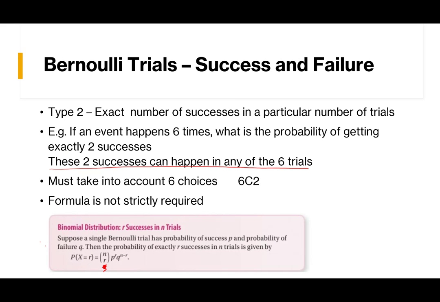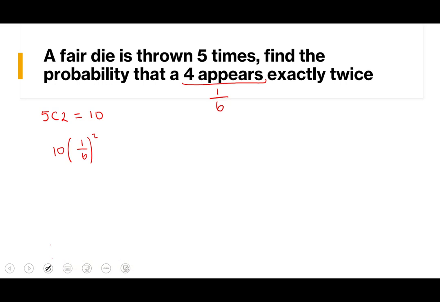My failures then have to happen all of the other times. If my 1/6 happens twice, then my 5/6 has to happen all of the other times within that 5. So 5 minus 2 is 3. Then I've got 10 times 1/6 squared times 5/6 to the power of 3.